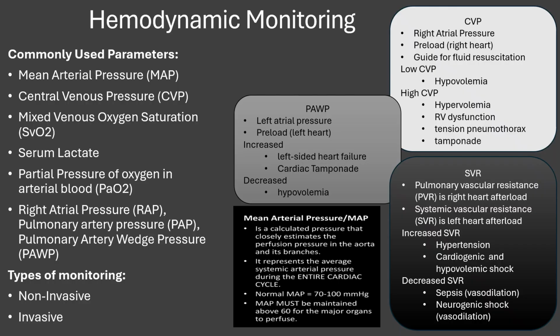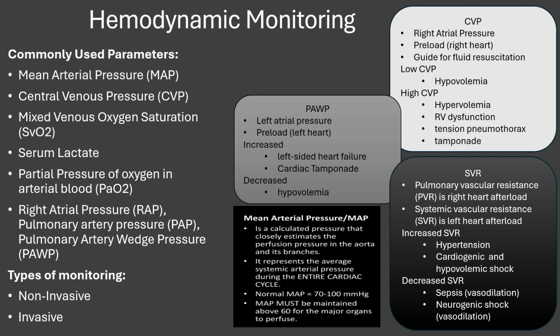And it is going to represent the value of oxygen delivery versus oxygen consumption. We will also look at that serum lactate, because lactate is going to be a very good indicator of how well a patient is perfusing, or if they are going into anaerobic metabolism.